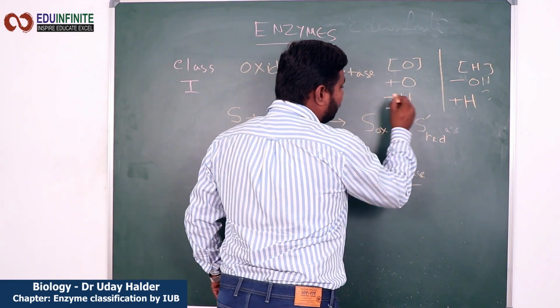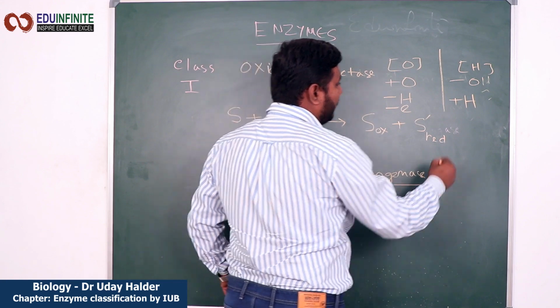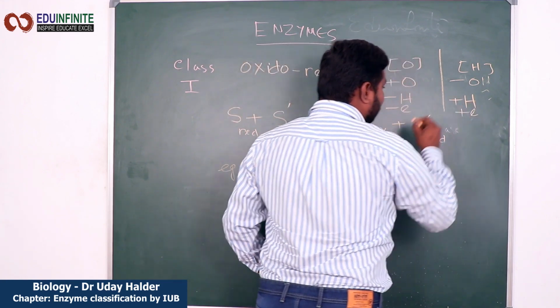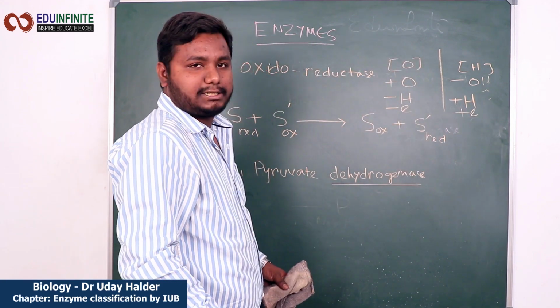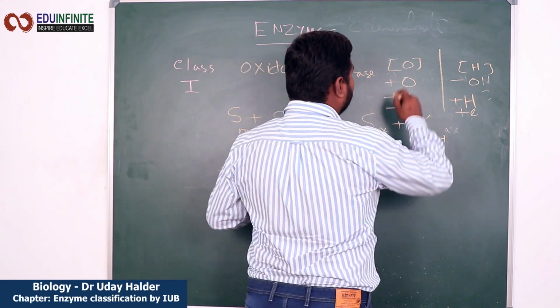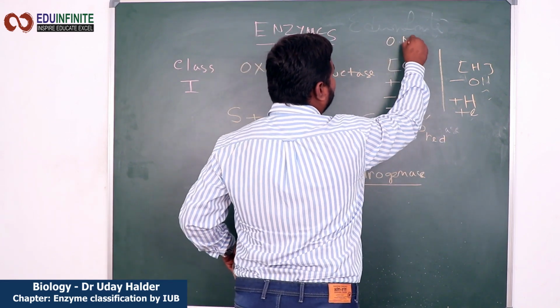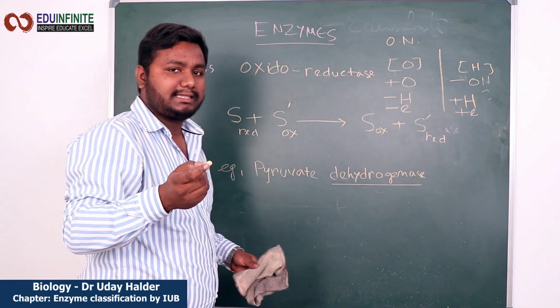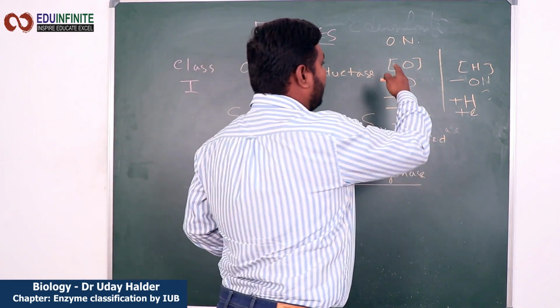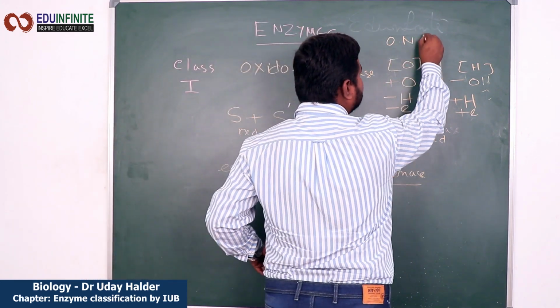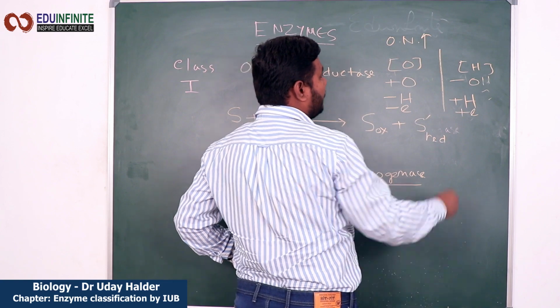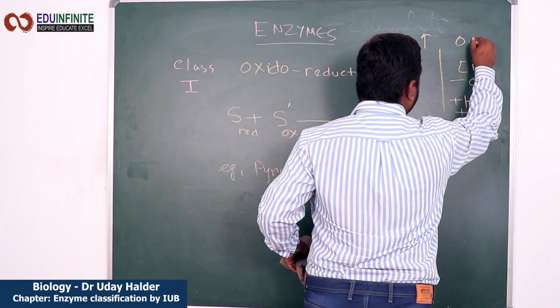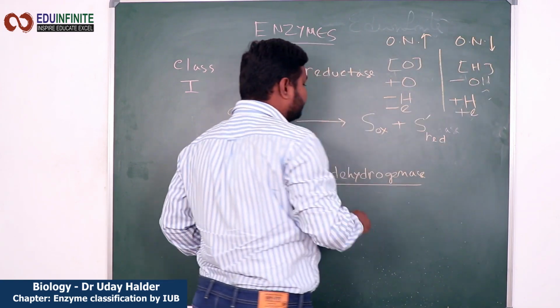Removal of electron is called oxidation and addition of electron is called reduction. And one more concept is there actually, oxidation number. This concept is taught in class 11 redox chapter in chemistry. If oxidation number increases, we say it as oxidation, and if it reduces, we say it as reduction.